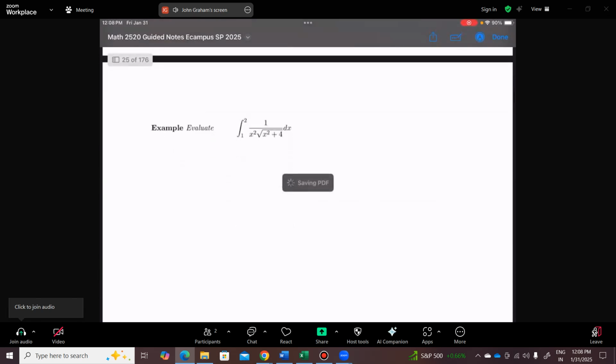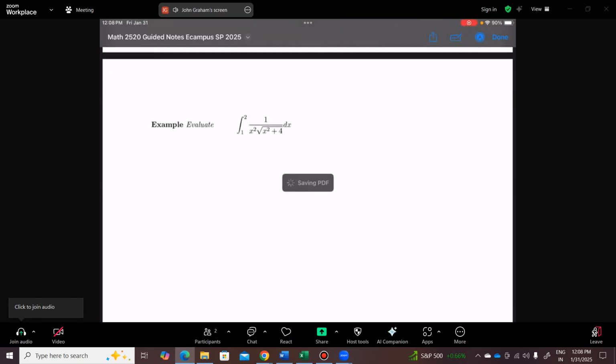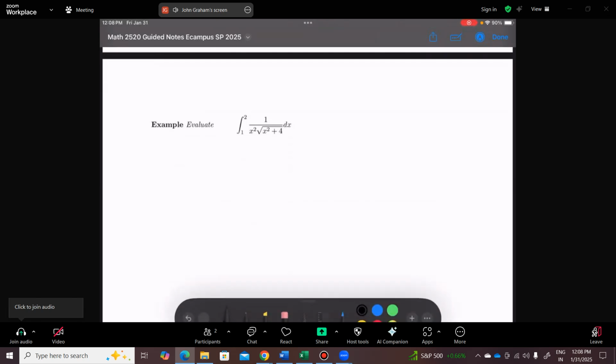All right, so we'll look at the integral of 1 over x squared times the square root of x squared plus 4 dx, integrating from 1 to 2. Okay, so x we're going to use as 2 tangent theta, because it's that x squared plus 4 kind of form.